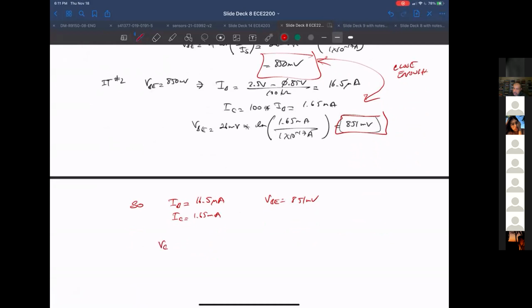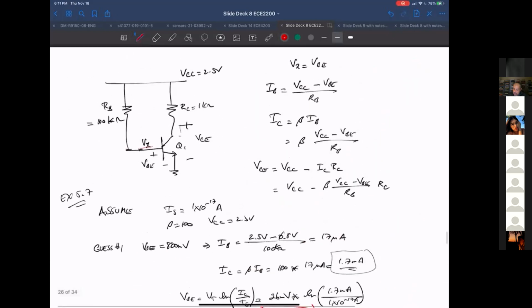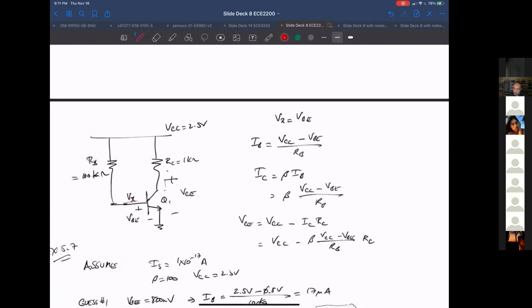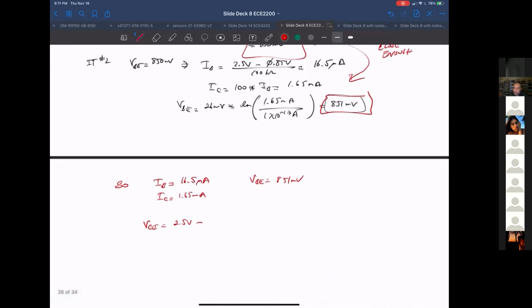So VCE is 2.5 volts minus this R sub C, which is 1 kilo ohm, times the collector current of 1.65 milliamps.